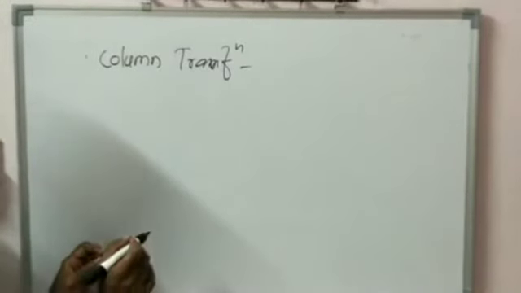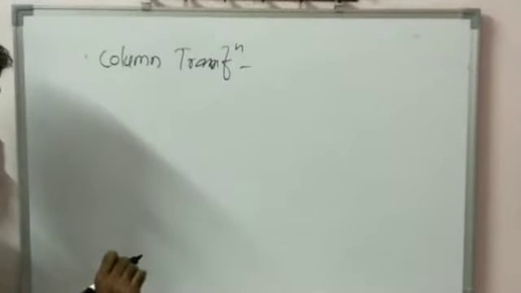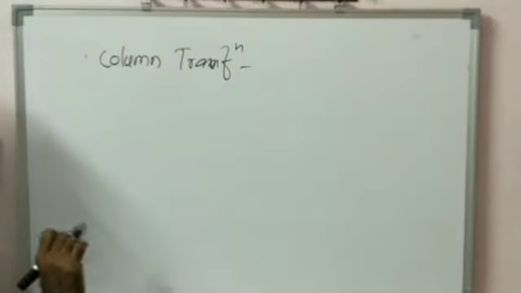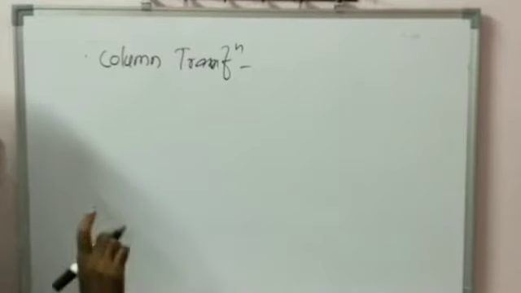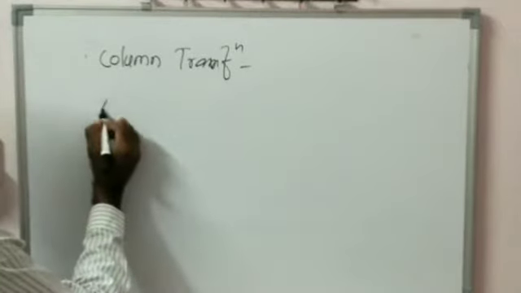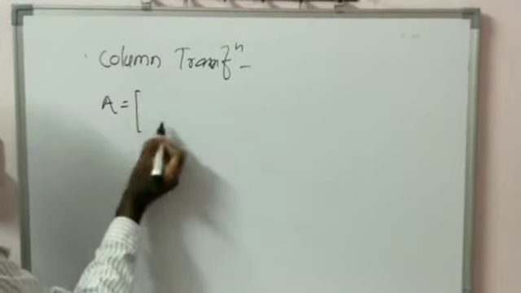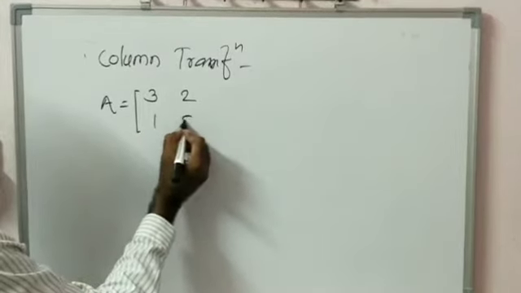And now let us see column transformation. In row transformation, we perform operations on rows, and in column transformation, we perform operations on columns. Now let another matrix be 3, 2, 1, 5.